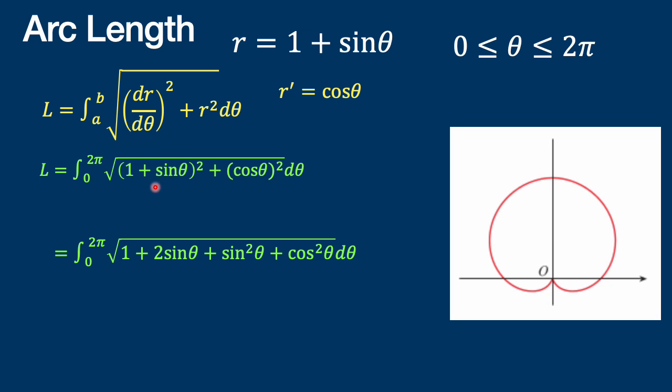Let's simplify inside. When you FOIL (1 + sinθ)², you get 1 + 2 sinθ + sin²θ + cos²θ. Sin²θ + cos²θ is 1, so 1 + 1 is 2. So inside the square root we have 2 + 2 sinθ.